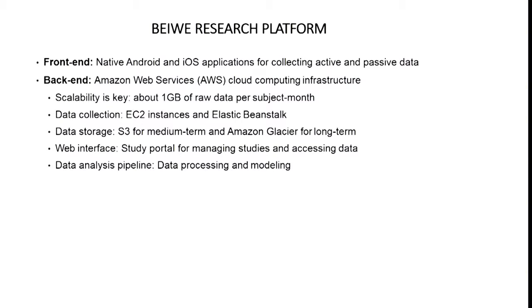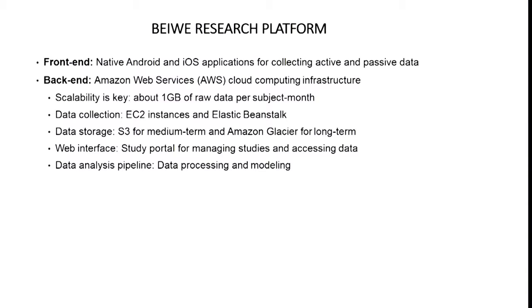Our backend system sits on AWS. So like most people, we use cloud-based computing. And we make use a lot of their proprietary technologies to make sure that the system is scalable. Because we collect the raw data, we get about 1 gigabyte, so about 1 billion data points per subject per month.